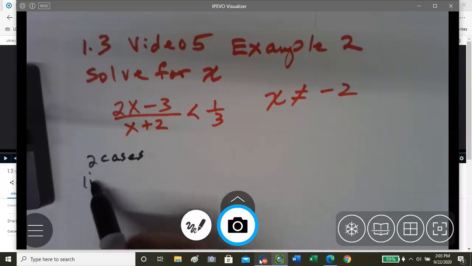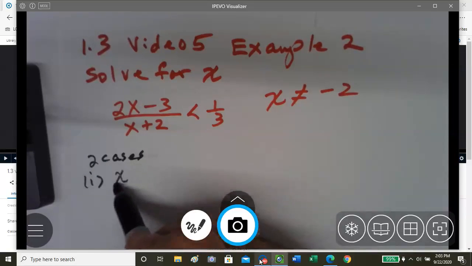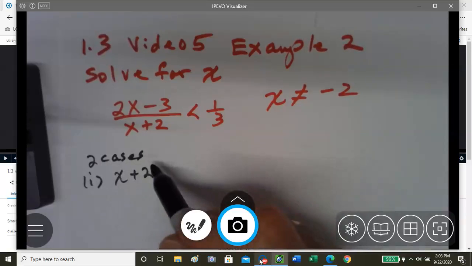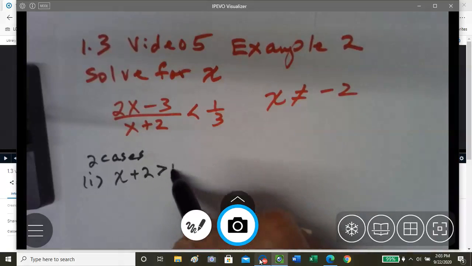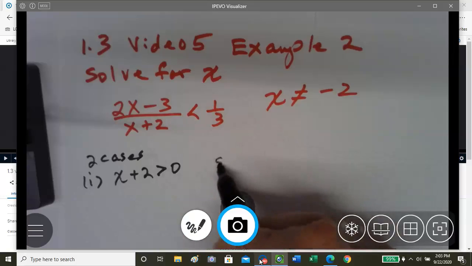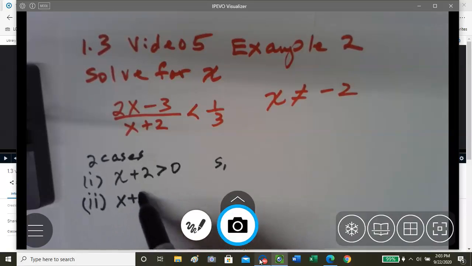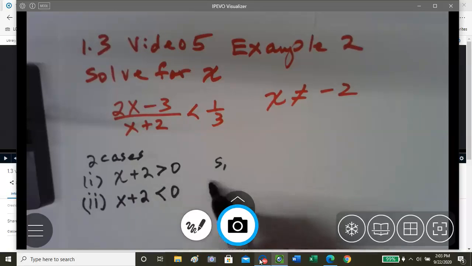Case 1, when x + 2 is positive, and we'll call that S1. In case 2, when x + 2 is going to be negative.